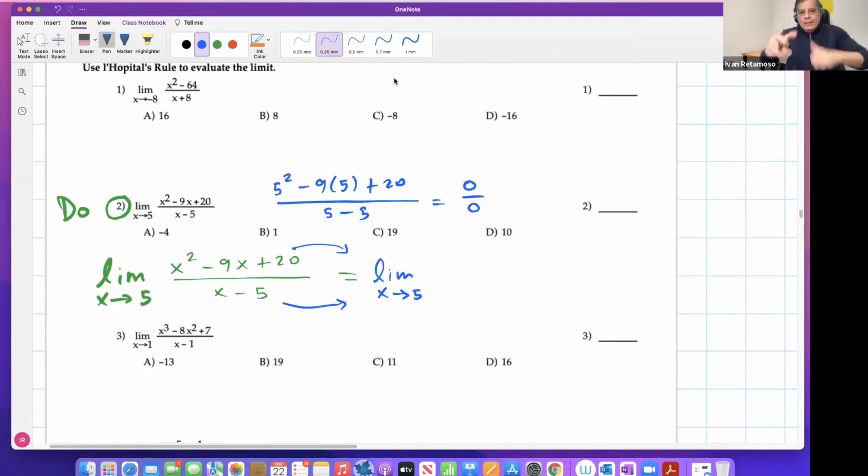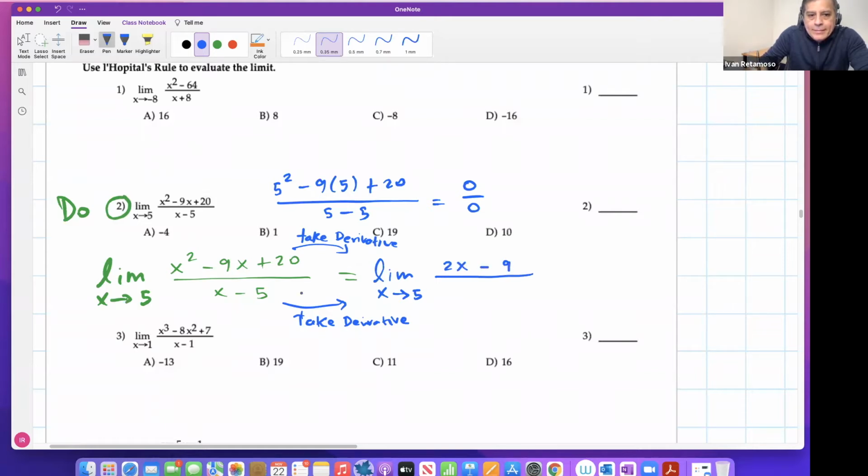Deep. Very good, excellent, right? Yeah, take the derivative. The derivative of the top will be 2x minus 9. The derivative of the bottom part, 1.